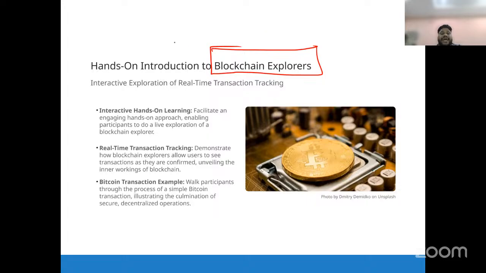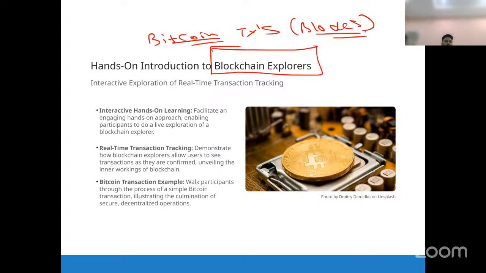This is where the practical hands-on part will come, where I will show you how real Bitcoin transactions and real blocks look in the world. I will show you the different aspects associated with it, like how you can see the block details and the transaction details, and how it is going to look.